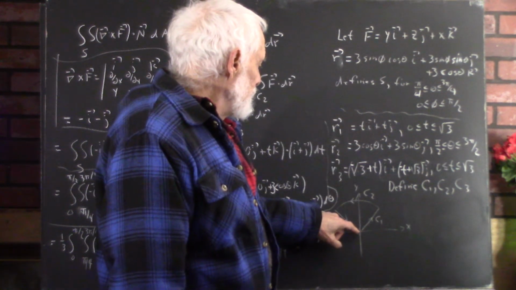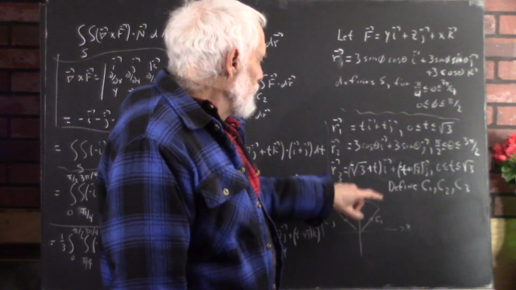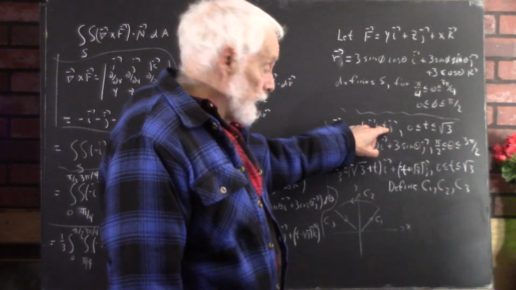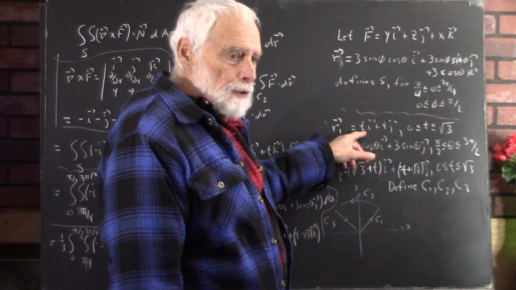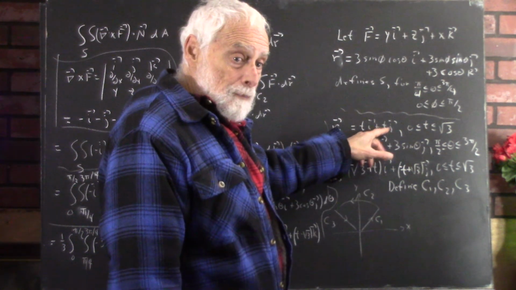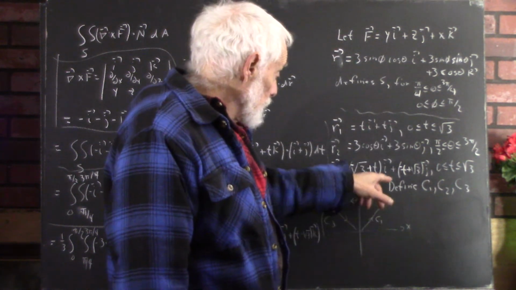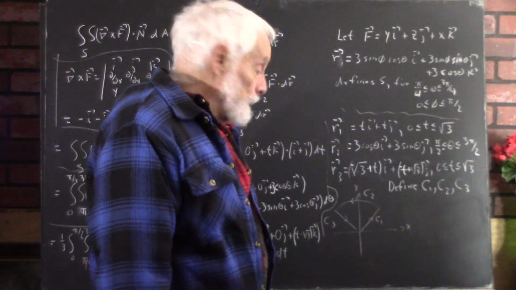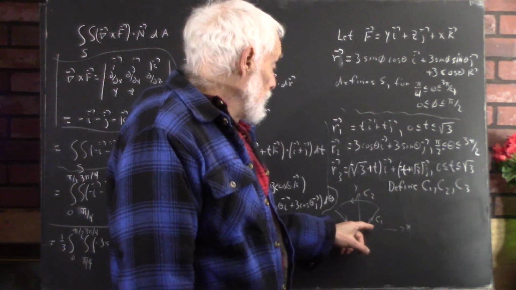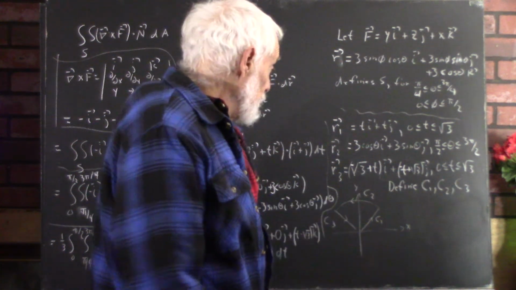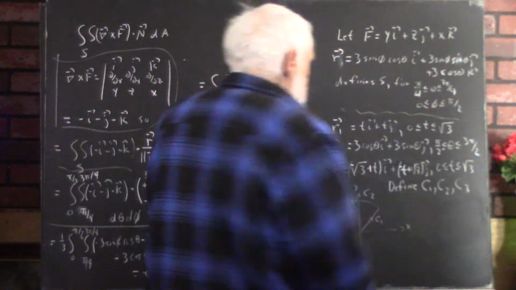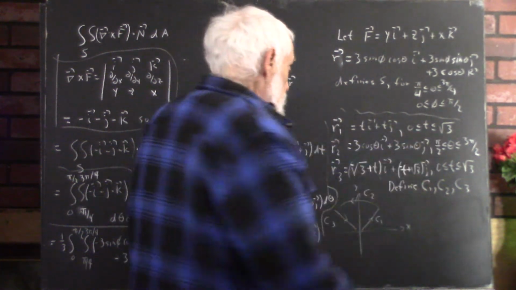r1 is going to be t i plus t j, so that t is your x, t is your y. So your x equals your y, so you're moving along this line, and you're moving from t equals 0 to t equals the square root of 3, so this point will be square root of 3, square root of 3, according to this.